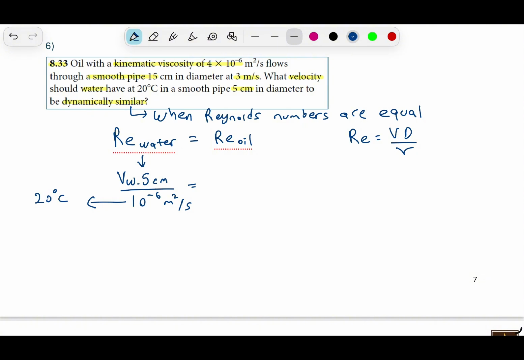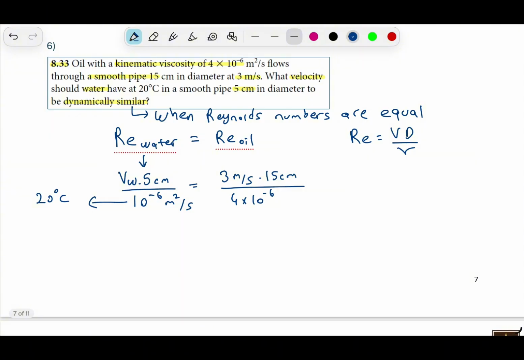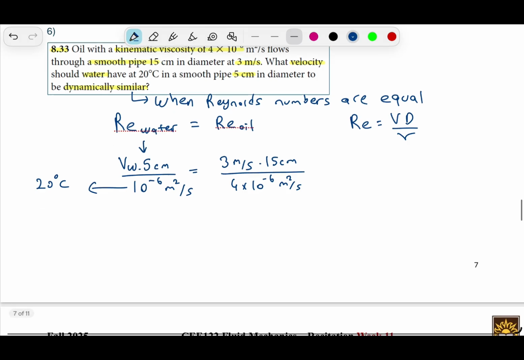So this is going to be equal to oil's Reynolds number. So the velocity is 3 meter per second times the diameter is 15 centimeters and we have kinematic viscosity as 4 times 10 to the power of minus 6 square meter per second.